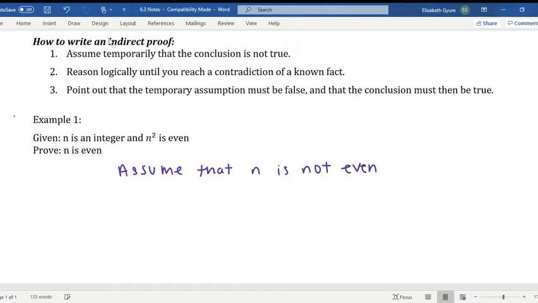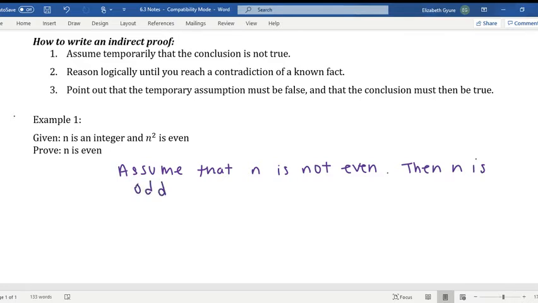So we're assuming that our conclusion is not true. Well, if n's not even, then it must be odd, right? So we're going to assume that n is not even. Then that means that n is odd.